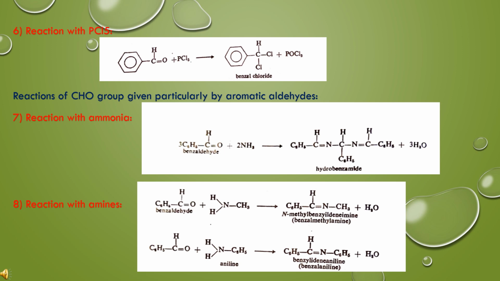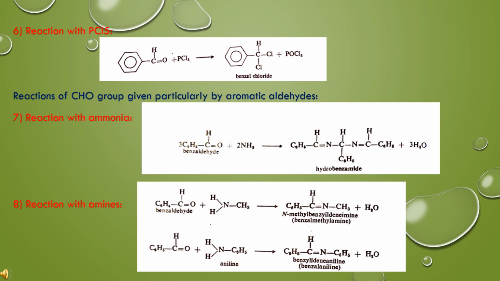The upcoming reactions are carried out only at the aldehyde group. So the reaction with ammonia: benzaldehyde does not give the simple aldehyde ammonia complex. We only get complex formation. The nitrogen is attached to the C double bond O group.